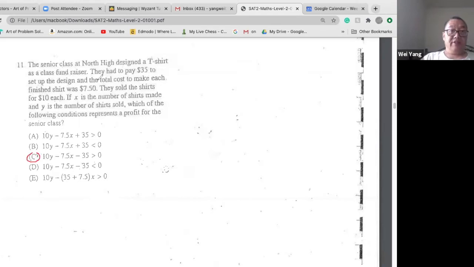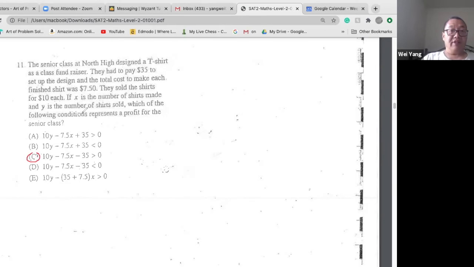Okay, the senior class at North High designed a t-shirt as a class fundraiser. They had to pay $35 to set up the design and the total cost to make each finished shirt was $7.50. They sold the shirt for $10 each.